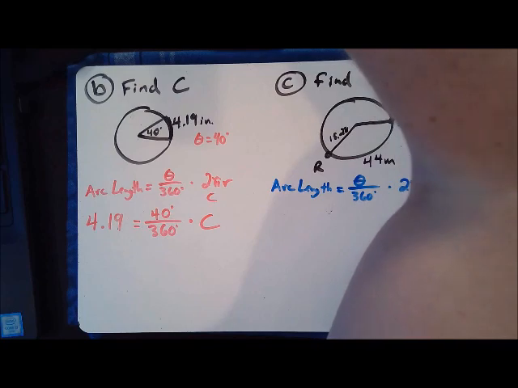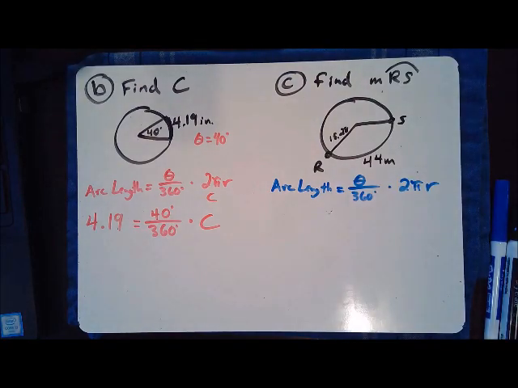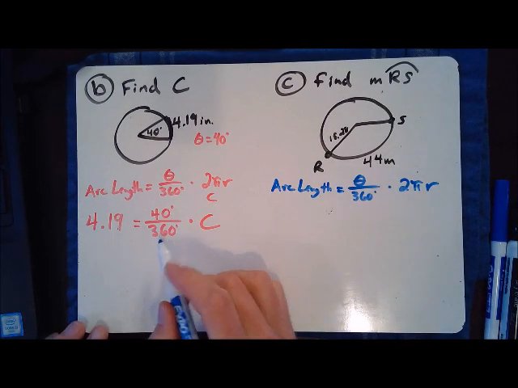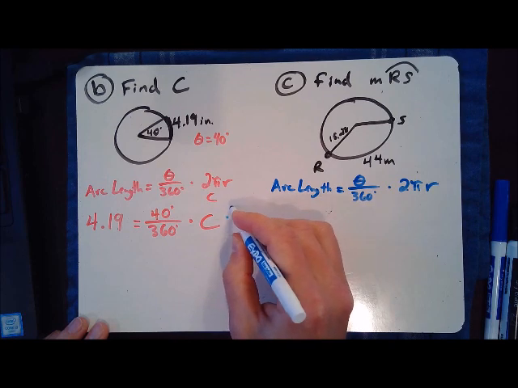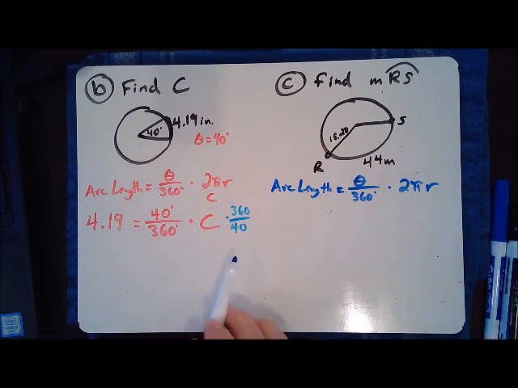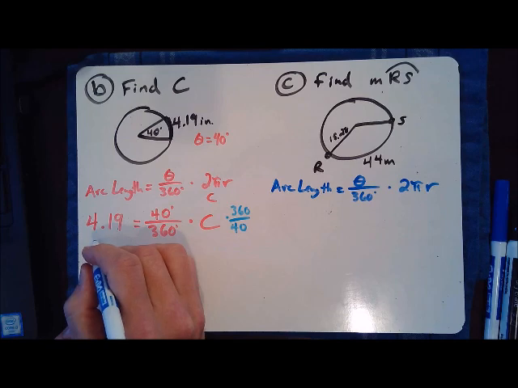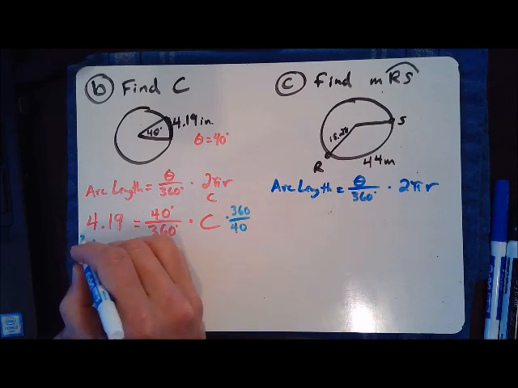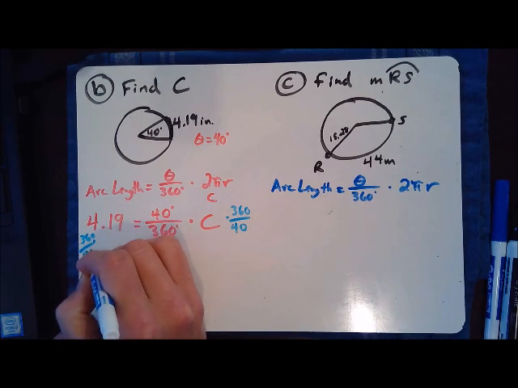To get rid of the fraction, I want to multiply by its reciprocal, which means multiply by 360 over 40 on the right side of the equation, because that will cancel the 360 and the 40. I have to also do it on the left side, so times 360 divided by 40.